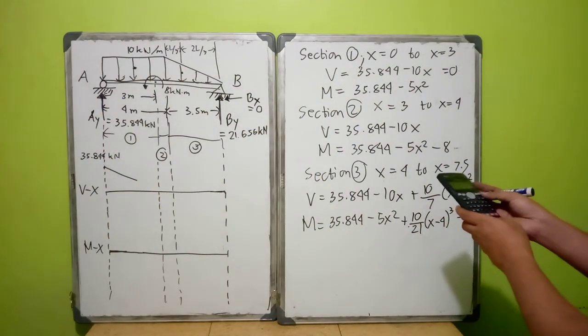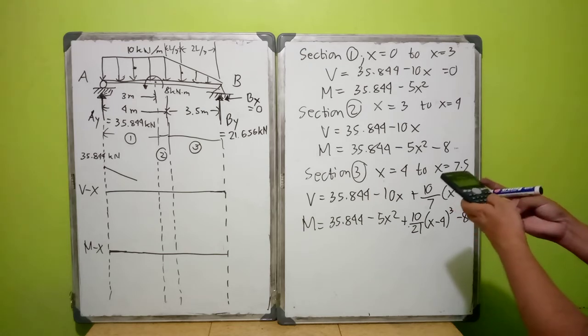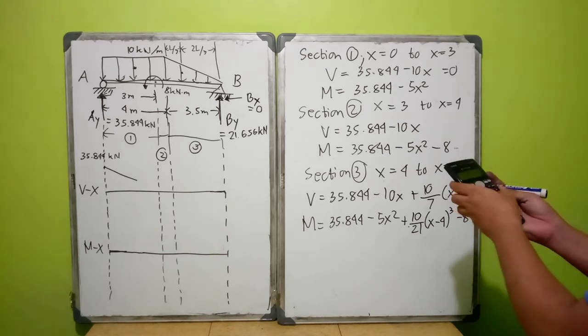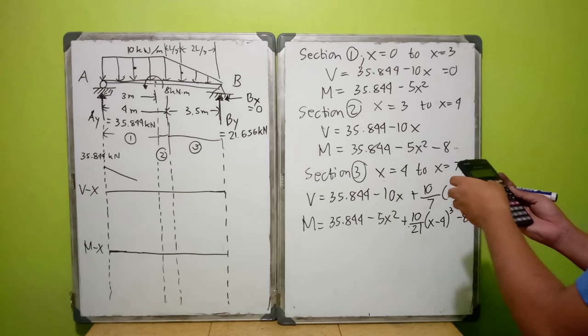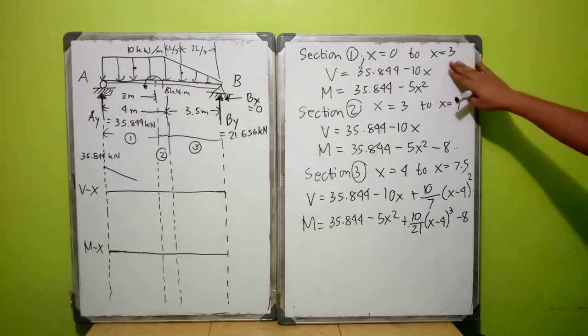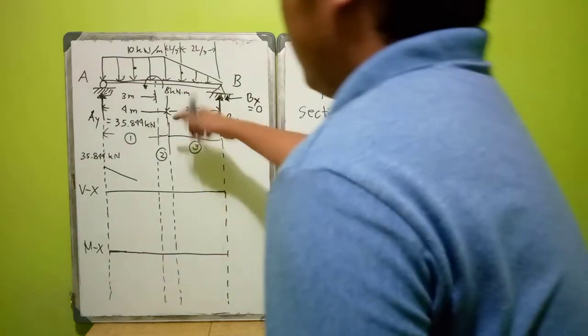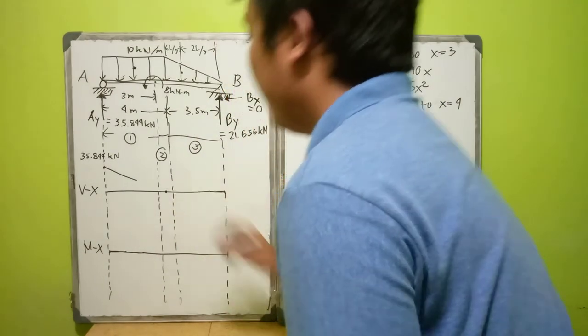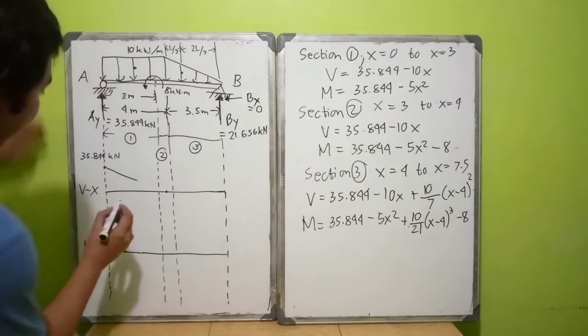So we have 35.844 minus 10x equals 0, so x equals 3.5844. Somewhere here, it will intersect the 0 line.